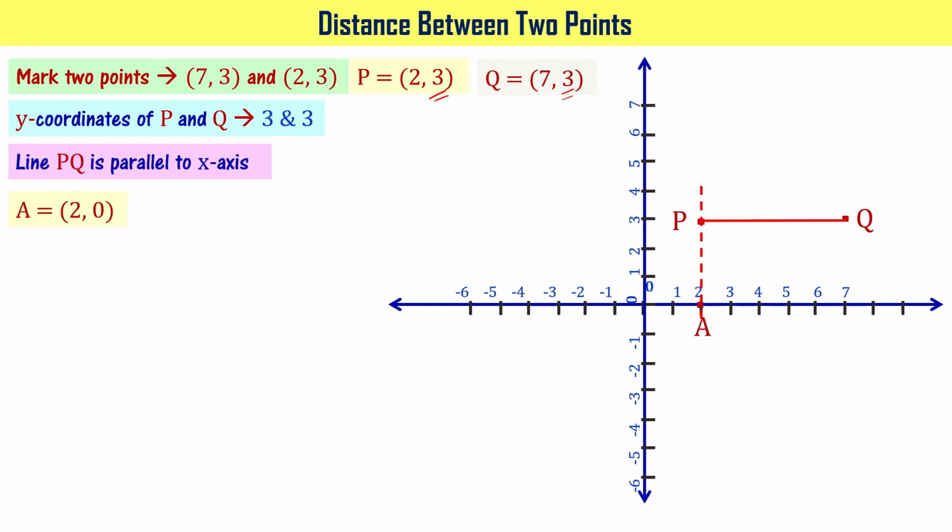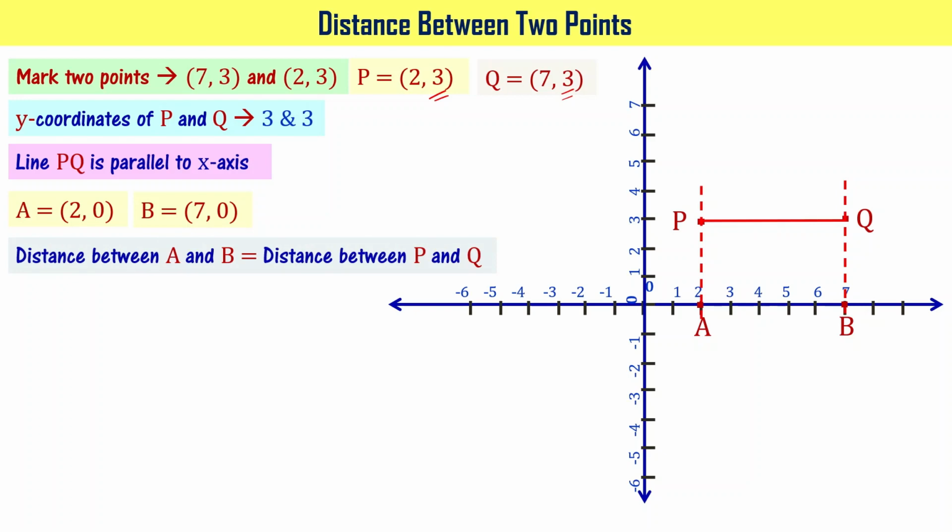Now, as you see here, A is 2 comma 0, right? I have just drawn a perpendicular line from P to the x-axis. Similarly, B is 7 comma 0, right? The distance between A and B is equal to the distance between P and Q. We know that the distance between x1 comma 0 and x2 comma 0 can be written as modulus of x2 minus x1.